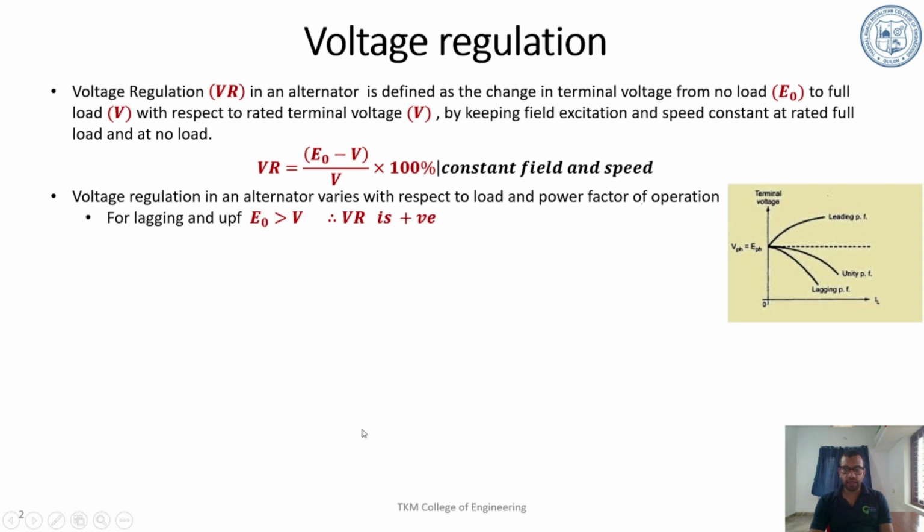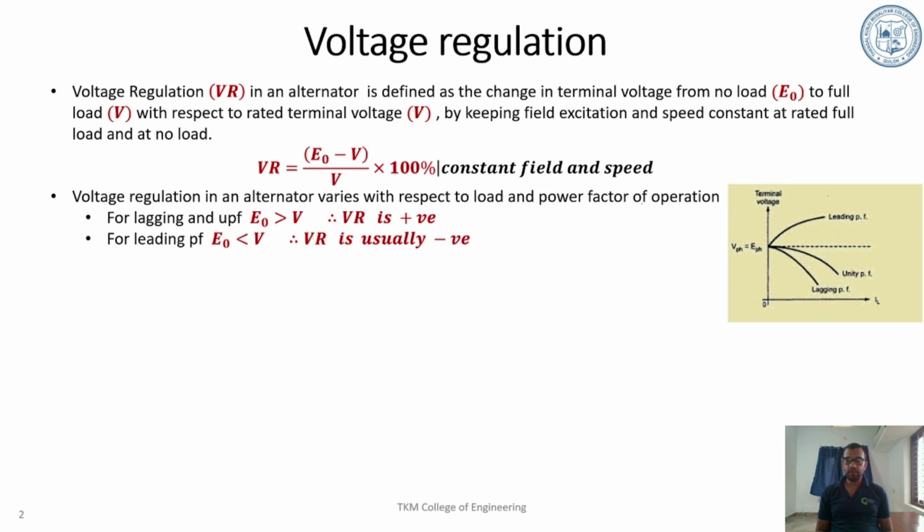For leading power factor, as load current increases, the terminal voltage also increases. Therefore, E0 is less than V, so usually for leading power factor of operation, voltage regulation is negative. Under lagging power factor of operation, the armature reaction effect has cross magnetization and demagnetization.